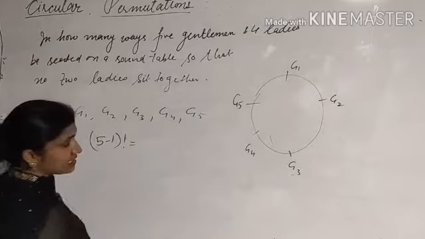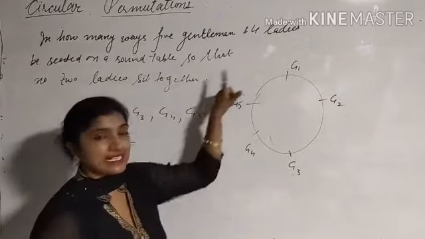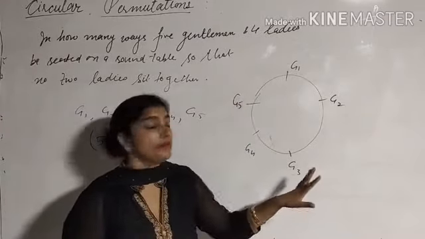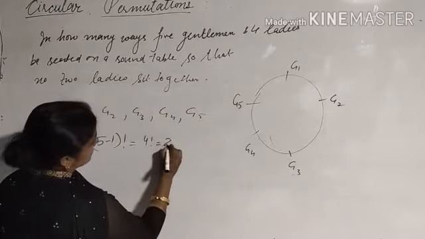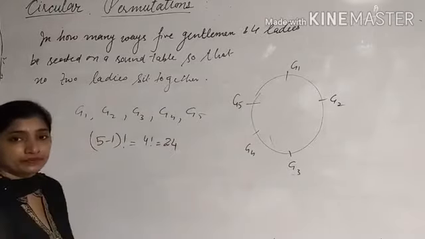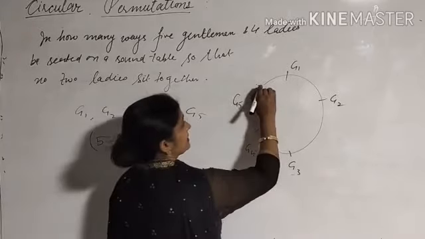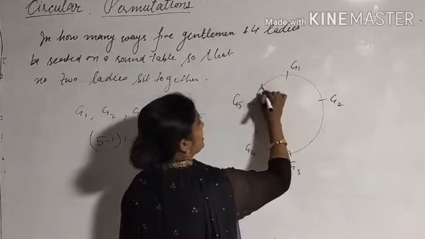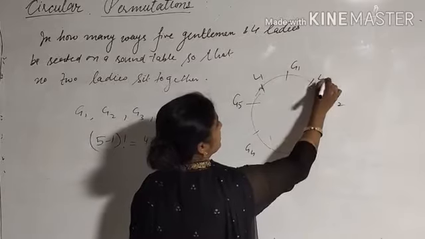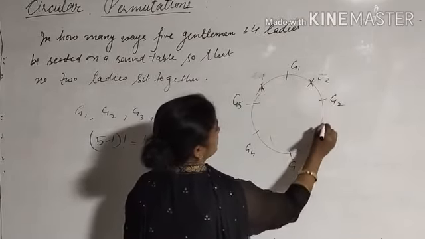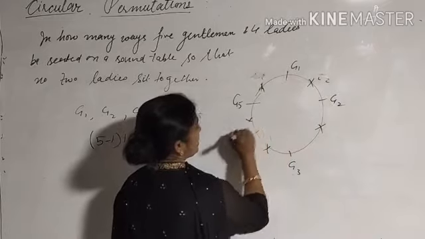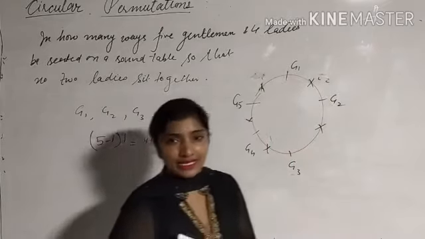This is one event when you have arranged the gentlemen on the round table, and the number of circular arrangements is 4 factorial. That's again 24. Now the ladies, there are only 4 ladies, L1, L2. There are 5 places for the ladies, 1, 2, 3, 4, 5. And we have only 4 ladies.